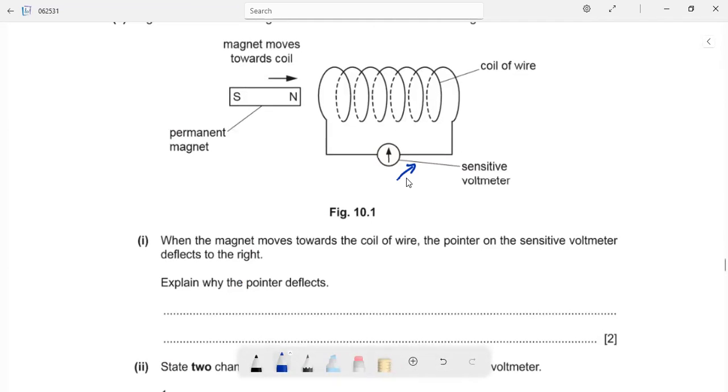Explain why the pointer deflects. So when this magnet is coming towards this coil, a current flow is generated in it. A potential difference is induced and a current is getting generated.